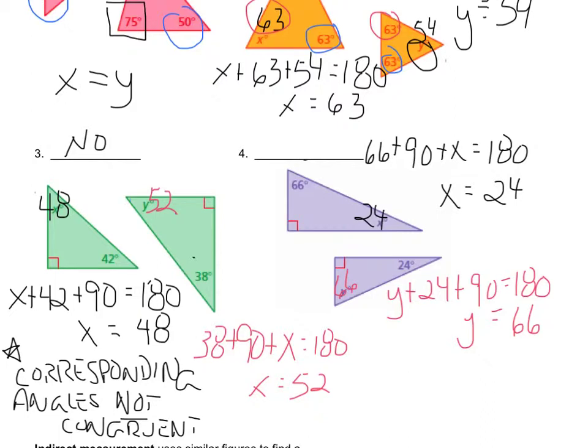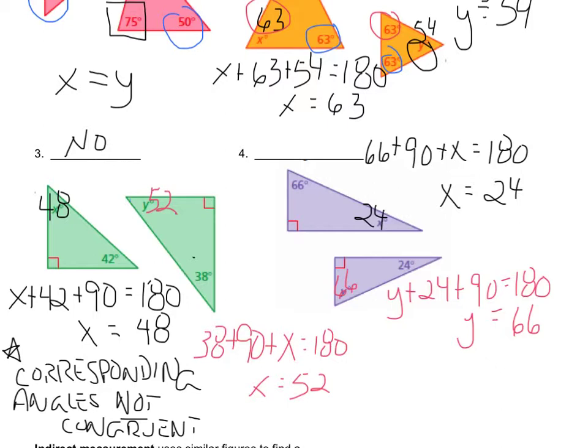Looking at the next two triangles, we again would solve the two triangles for the missing angle and then compare their corresponding angles. When I solve the top one, I find that x equals 24 degrees. When I solve the bottom one, y equals 66 degrees.